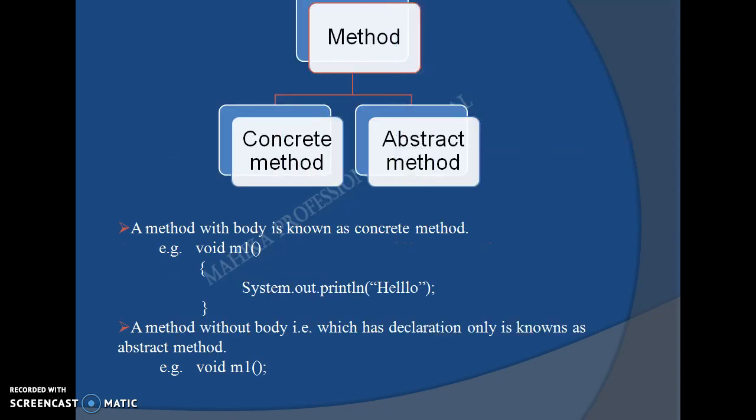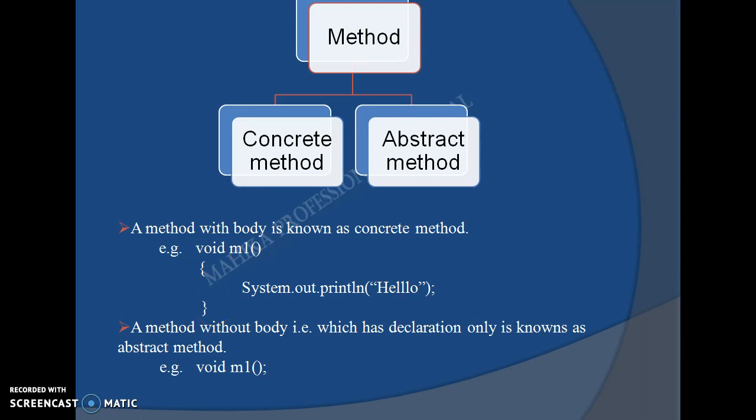Before discussing abstraction in detail, let us see what are the types of method that we can create in Java. A method in Java can be either a concrete method or an abstract method. A method with body is known as concrete method. That is, a method for which we give the implementation or definition.